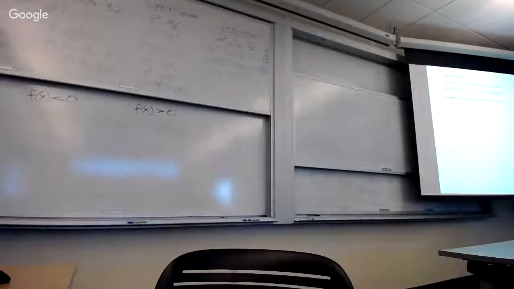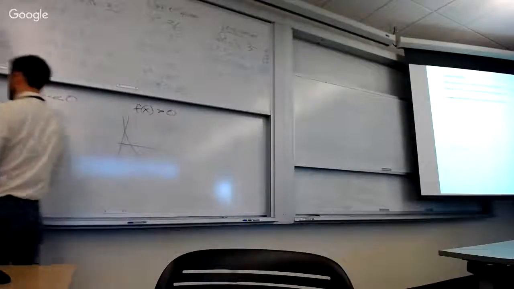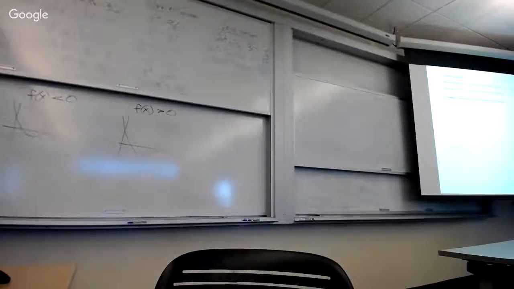It's the x-intercept, right? So I'm just going to draw the same parabola over and over here. So when I ask the question, when is f of x equal to 0, I'm asking for my x-intercepts, right? And furthermore, what does f of x represent again? If I have a function, f of x equals, I'll just do something simple like 3x, and then I have an input, and then I have an output, right?